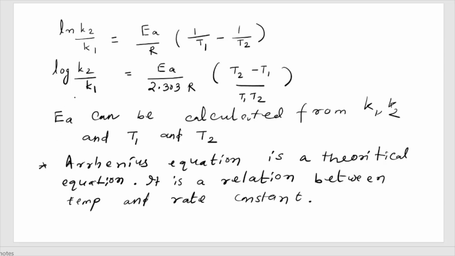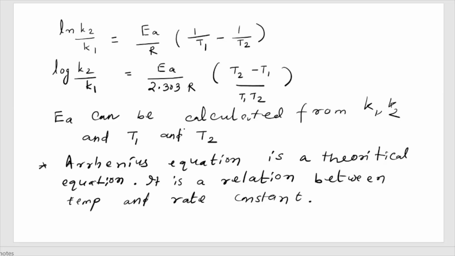If you put in the 2.303 value and use log, then log K2 by K1 equals EA by 2.303 R into T2 minus T1 by T1 T2, in brackets.